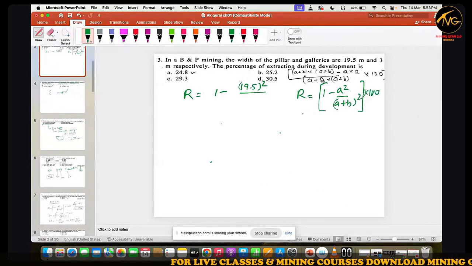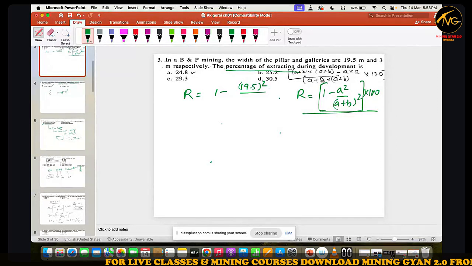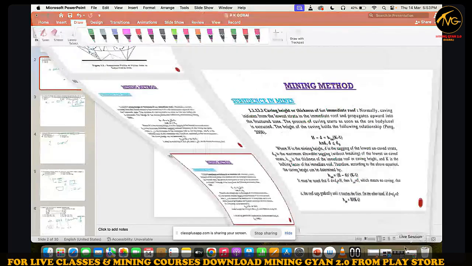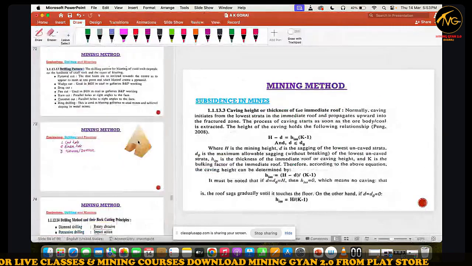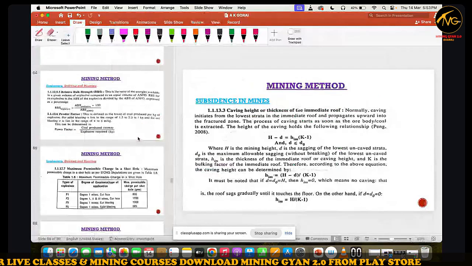This is our formula of percentage of extraction. I have told many times, so you should know. Yesterday, day before yesterday, I told 4 or 5 times that you should know this formula.